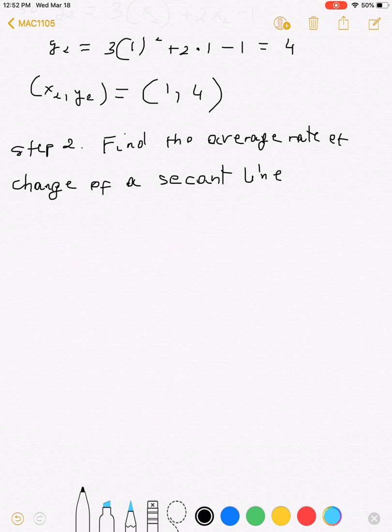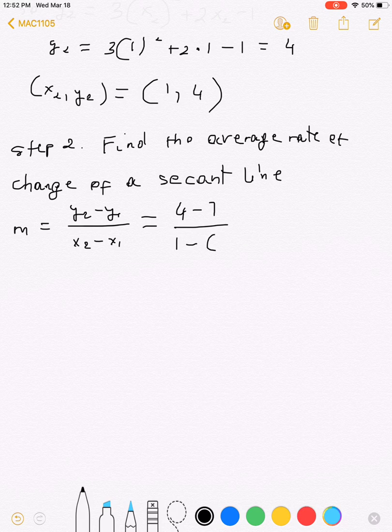So average rate of change is just the slope, m, equal to y2 minus y1 over x2 minus x1. So we're going back to the first lectures from our college algebra. What we have here is 4 minus 7 divided by 1 minus -2, and the average rate of change will be equal to -1.